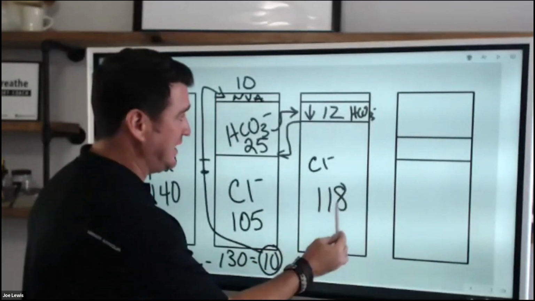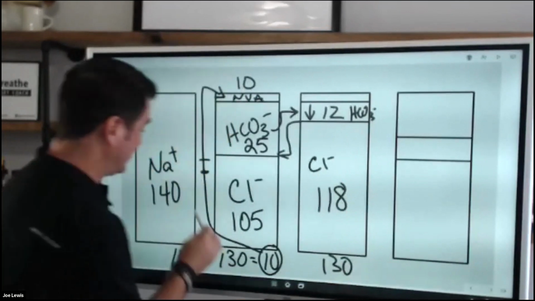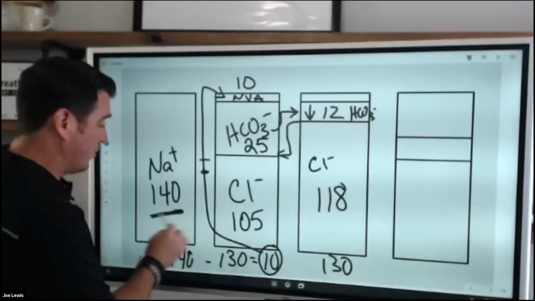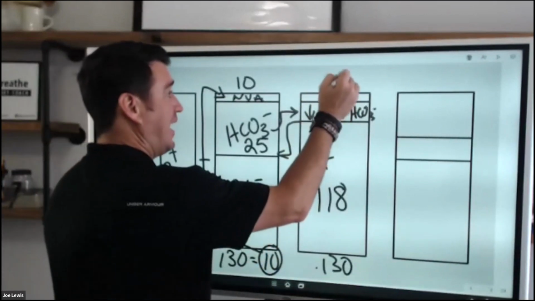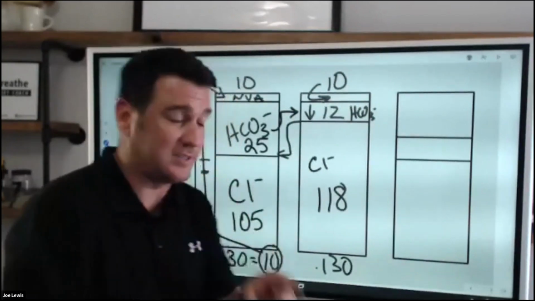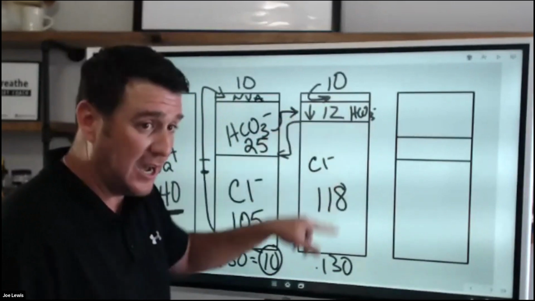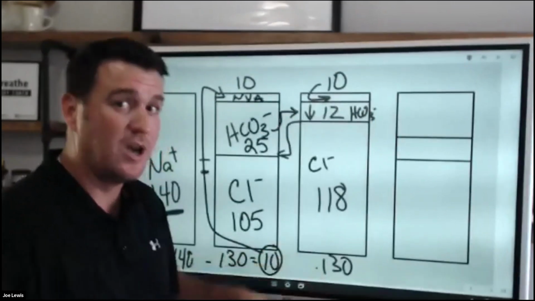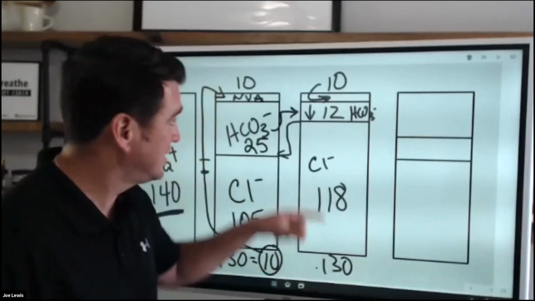Okay, well, 118 plus 12 is 130. If our sodium stays normal at 140, 140 minus 130, our anion gap here is still 10. But look at this. We have a loss of bicarb. Is this going to cause a metabolic acidosis? 100% it is. It's going to cause a metabolic acidosis.